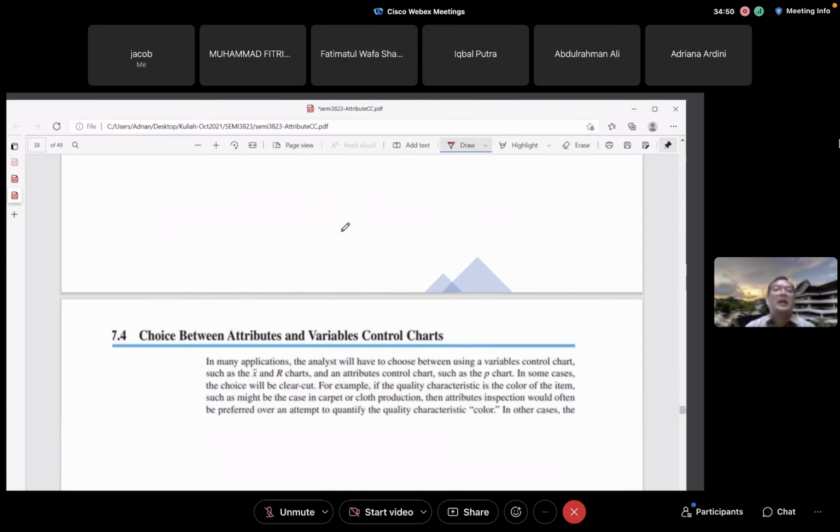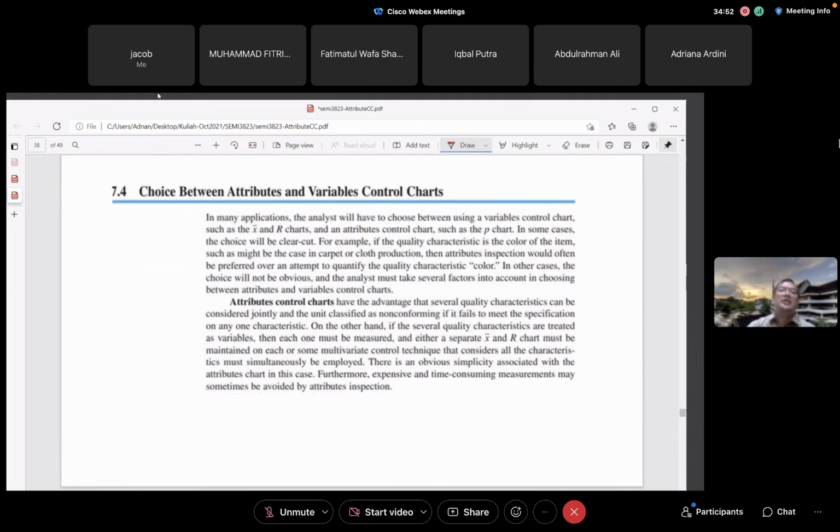You might also be wondering how to choose between attribute and variable control charts. I think some of you already asked earlier, how do we select this? Attribute control charts are easier to implement. Variable is more difficult and more costly, because it requires equipment and longer time to get the data. It's even mentioned here that attribute control charts have the advantage that several quality characteristics can be considered jointly.